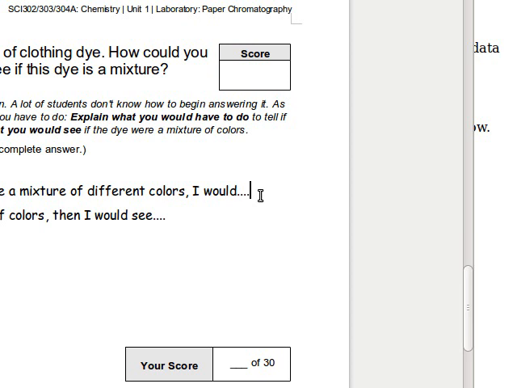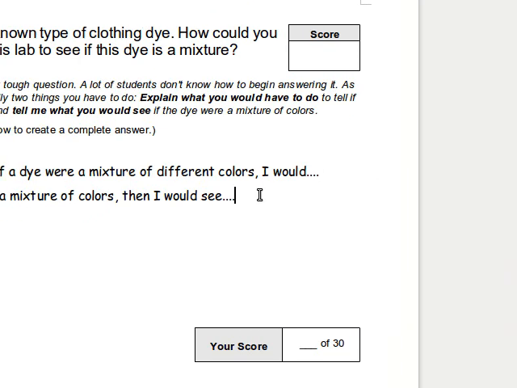So choose a solvent that you think works well for this sort of thing and just use that one and tell me what you would do. I might write, I would put a dot of the ink on a slip of paper and put it in a vial of, I'll say water for 20 minutes. That's what I would put here for this sentence.